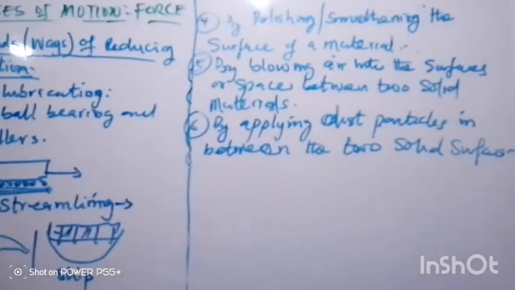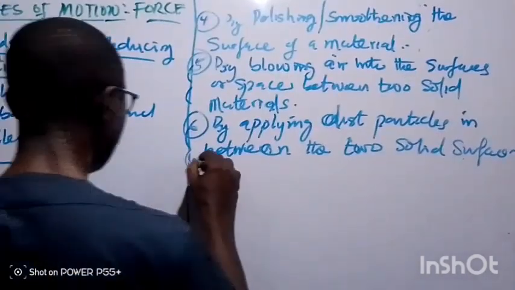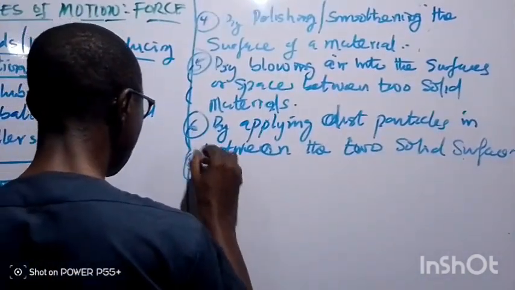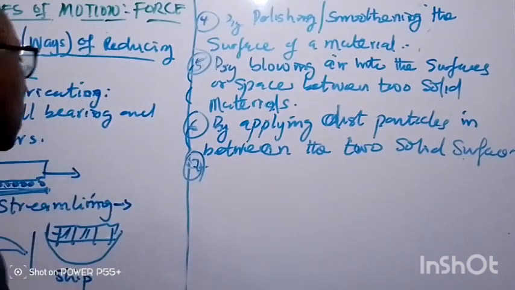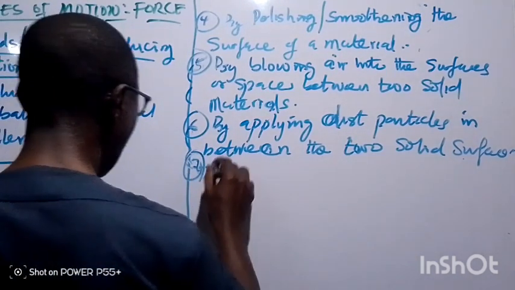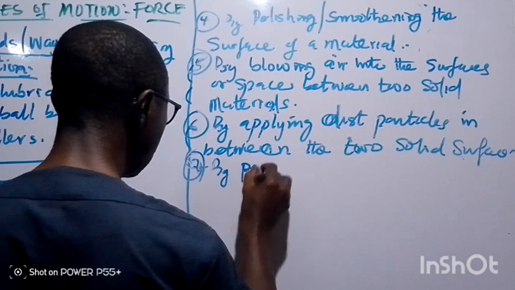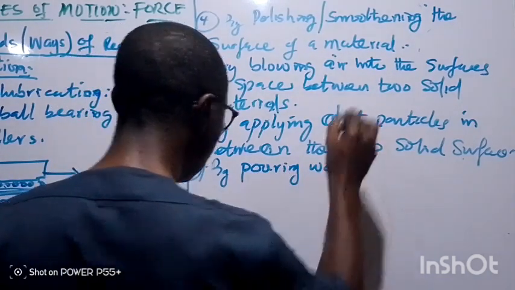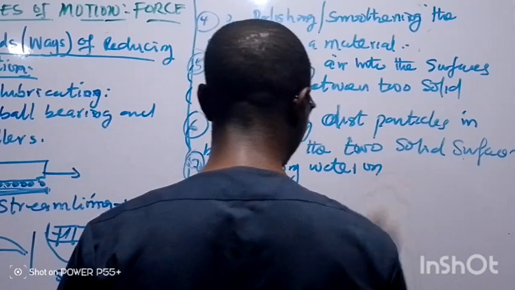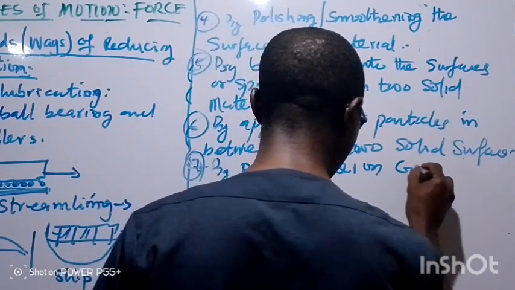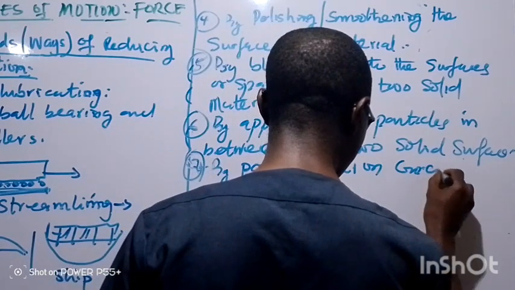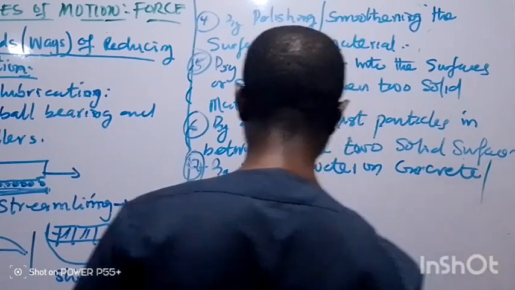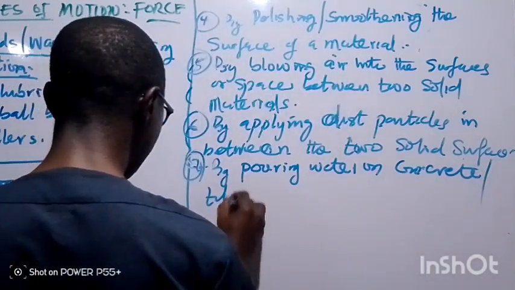Number 7, way of reducing friction by pouring water on concrete or tile floor.